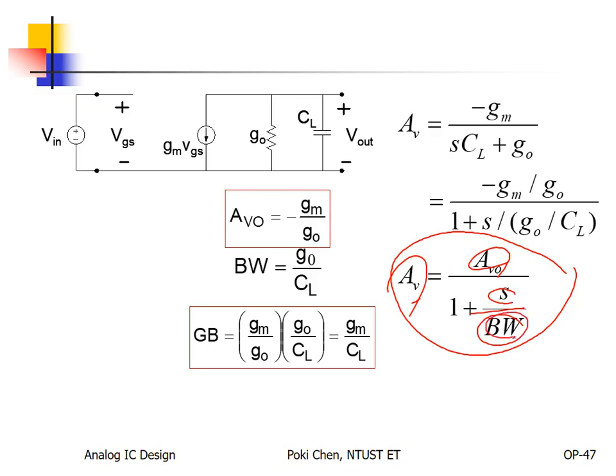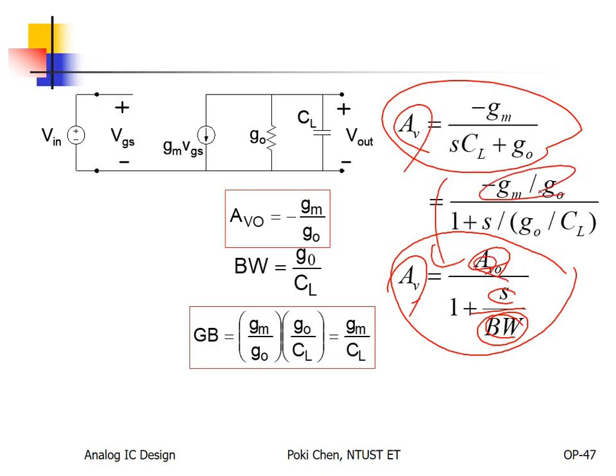If you try to match your expression to that, then congratulations, you will know here is the DC gain, and what is bandwidth? There. Okay, that is bandwidth. That's it. Congratulations.